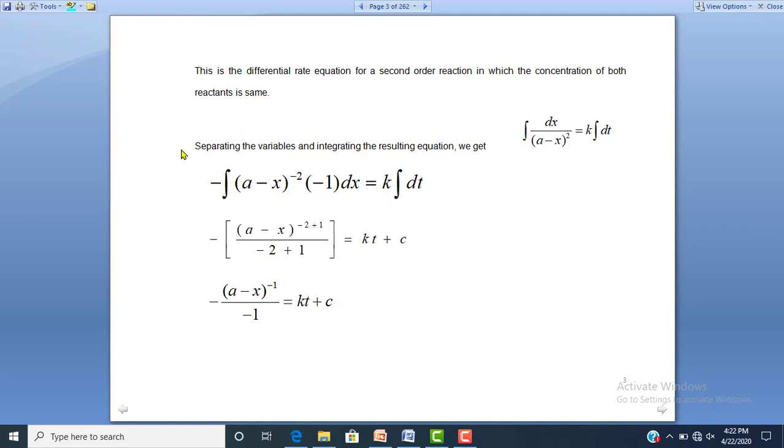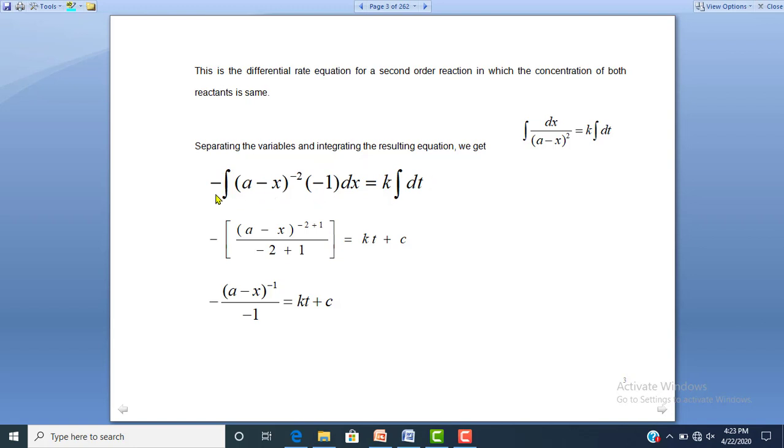And after separating the variables, we will integrate this equation. When we applied integration rules to this equation, it became the integral of dx over (a minus x) squared is equal to k times the integral of dt.